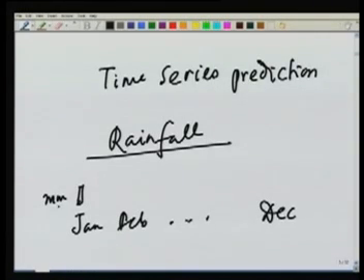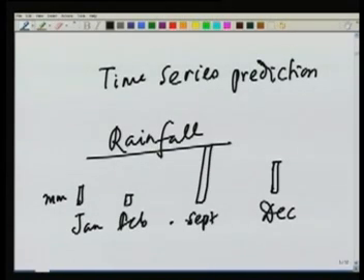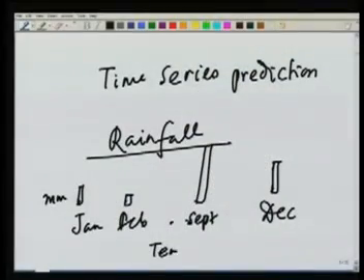January is some mm, February some mm, like that until December, and maybe somewhere in September it is the maximum in a particular place. So, when we are dealing with patterns in which time is intrinsic, these are called temporal patterns.